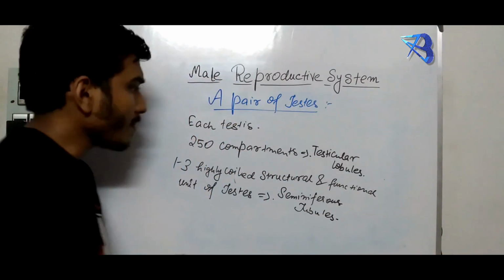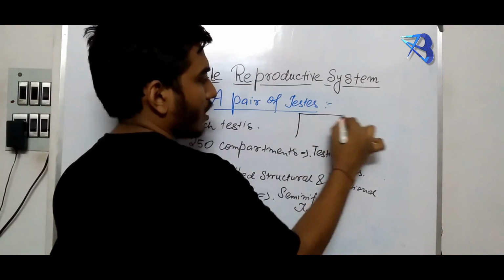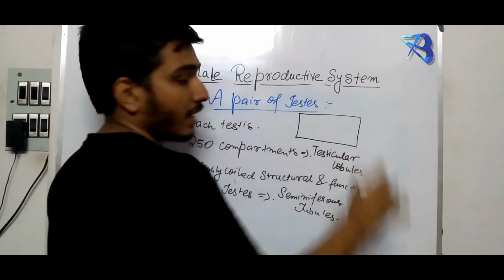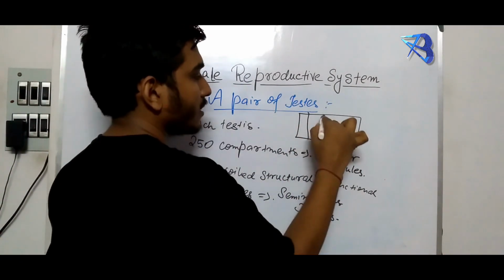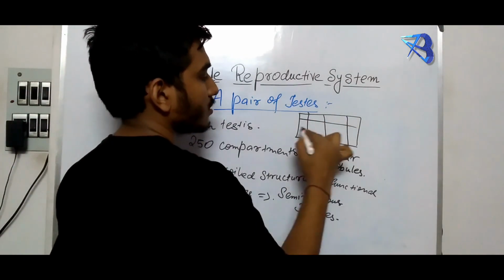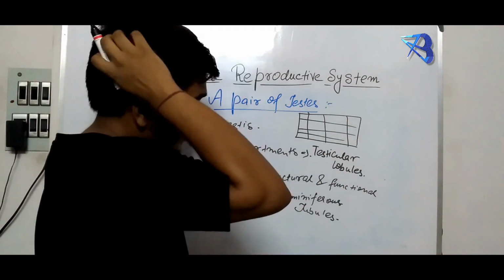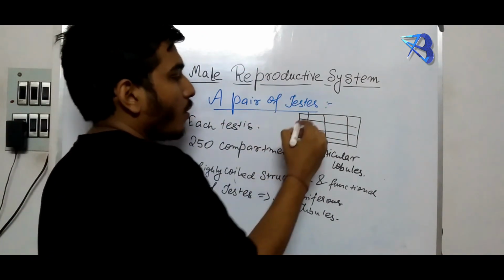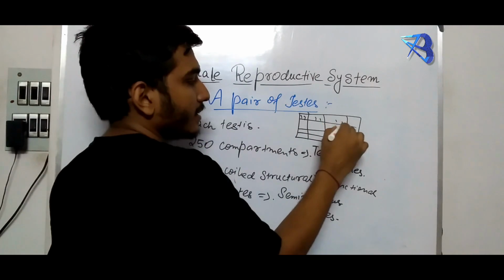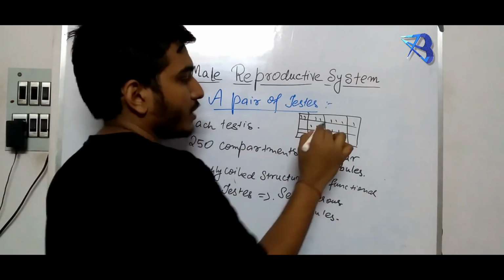Suppose there is a house, and 250 rooms are there in each house, and in each room 1 to 3 tubules reside.